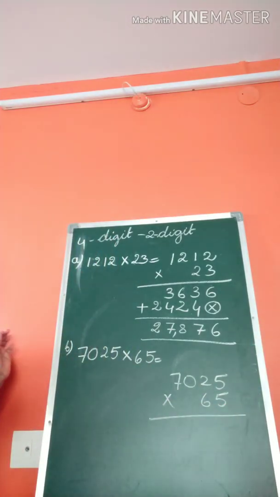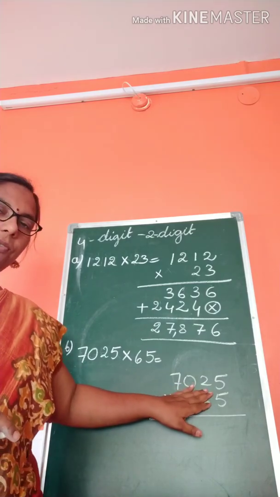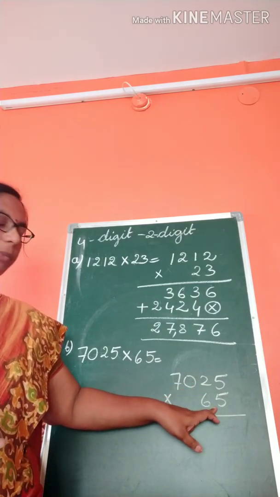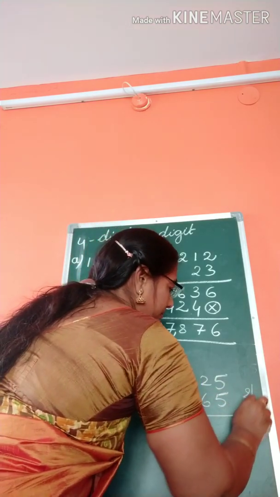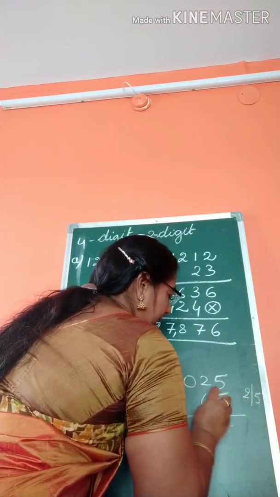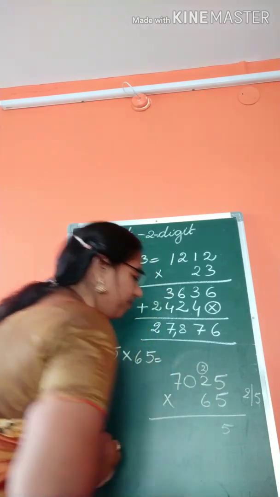So what we have to do? Already I told you that tens place, you forget about the number in the tens place, take the number in the ones place. So 5 5s are 25. 5 should be written down and 2 should be carried to the next place.